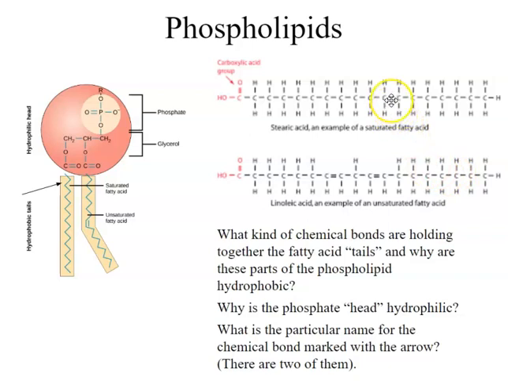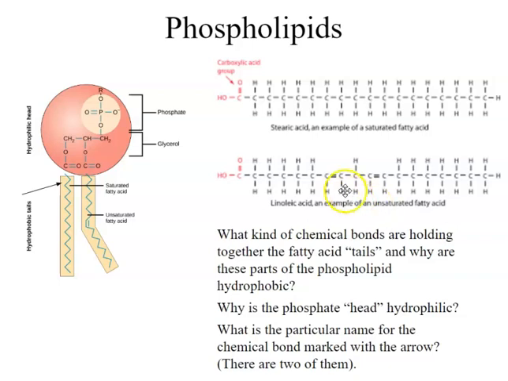So on the top, we see what is called a saturated fatty acid, meaning that every carbon there is single bonded to something, either a neighboring carbon or a hydrogen. So we have the maximum amounts of hydrogen possible in that stearic acid shown on the top. The bottom fatty acid is an example of an unsaturated fatty acid.